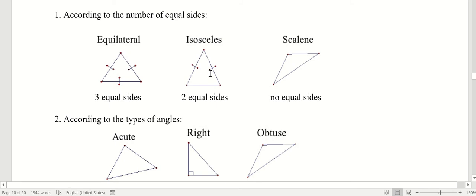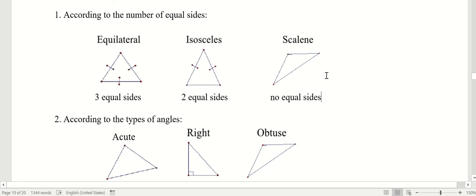If I only have two equal sides, meaning the side on the left and the side on the right are the same, but not the same as the base of the triangle, we call it an isosceles triangle. So remember these names, equilateral and isosceles. Most triangles are not so lucky and don't have sides that are the same.